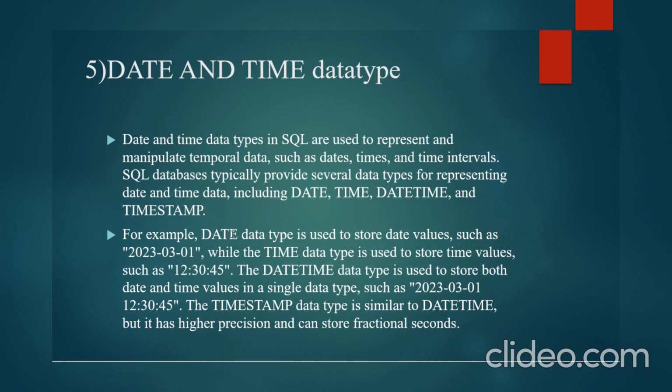Here 12 indicates the hour, 30 indicates the minutes, and 45 indicates the seconds. The datetime data type stores both date and time, that is 2023-03-01 12:30:45.